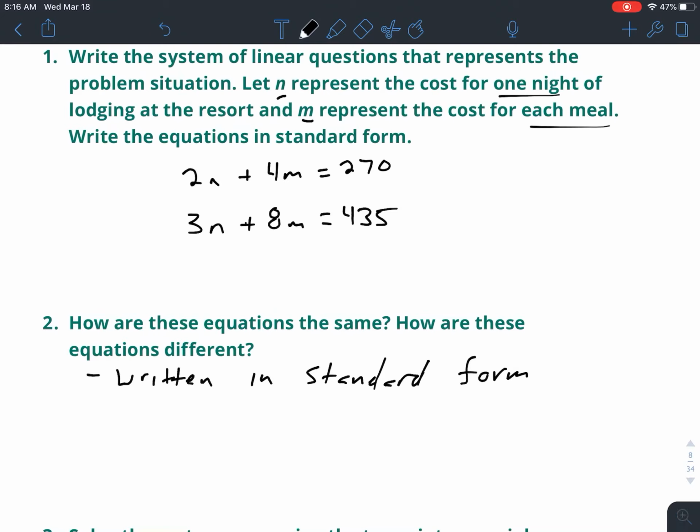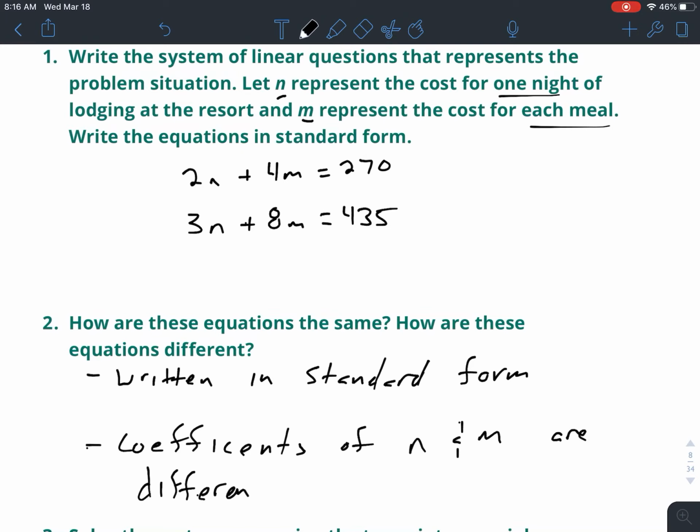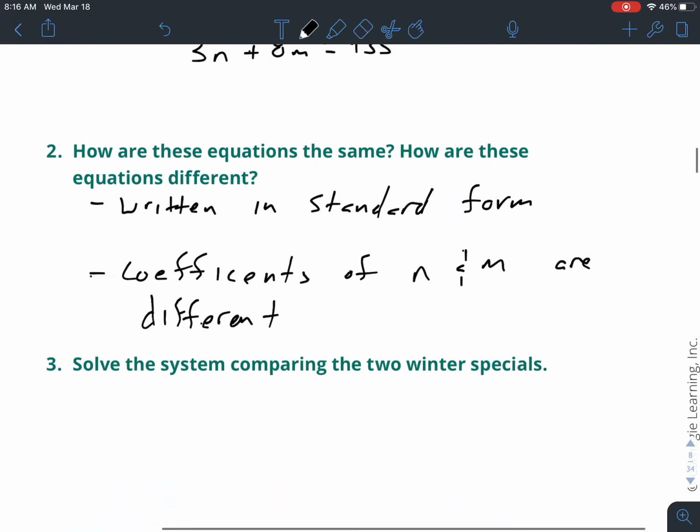And then we can say that the coefficients, so the numbers with the letters, of N and M are different, meaning that our 2N and 3N are different, 4M and 8M are different. That is essentially all they're asking.